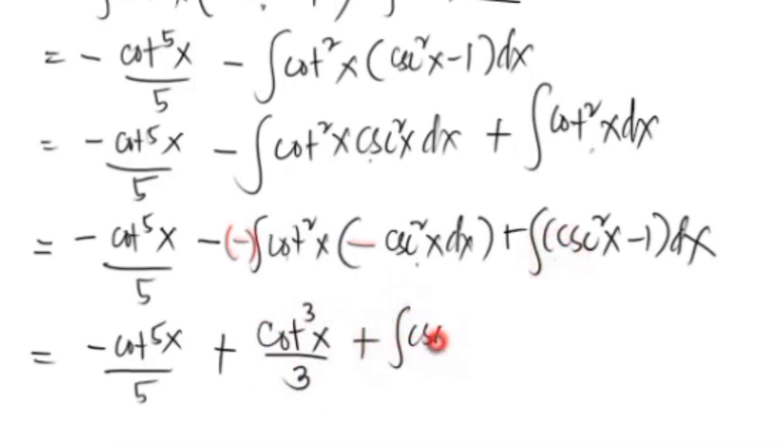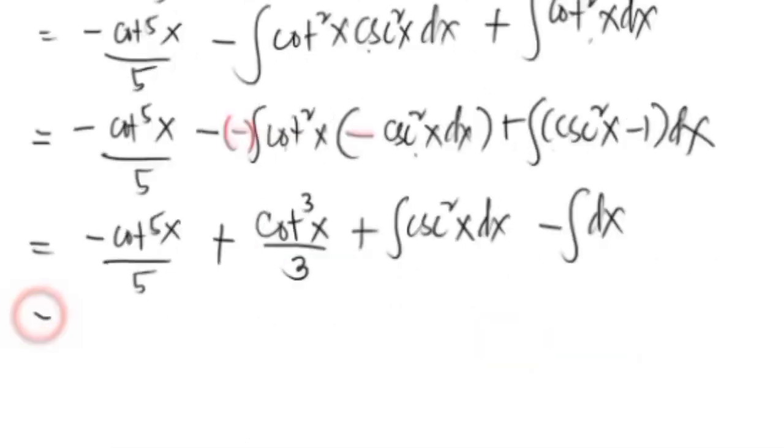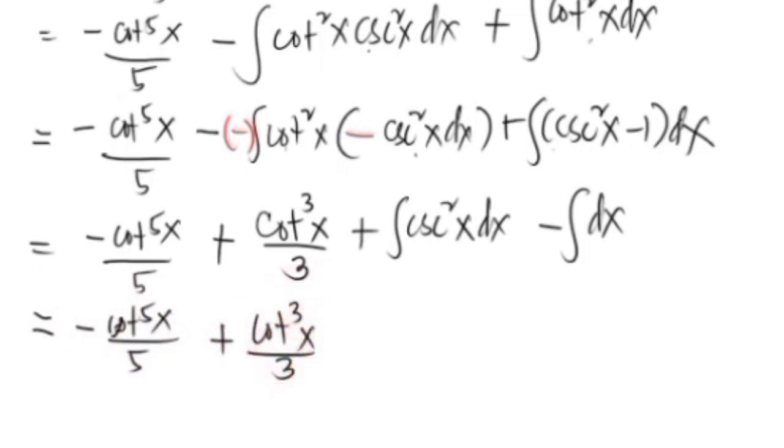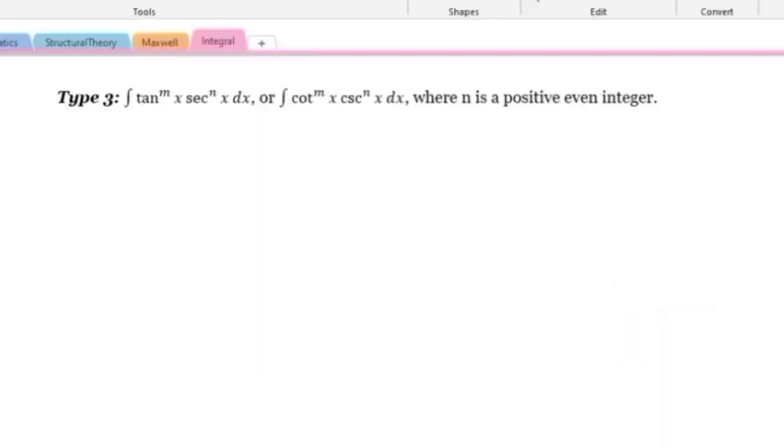So we have the integral of cosecant squared x dx minus the integral of dx. The integral of cosecant squared x dx is negative cotangent, so minus cotangent x, and the integral of dx is x, so x plus c, and this is our answer.